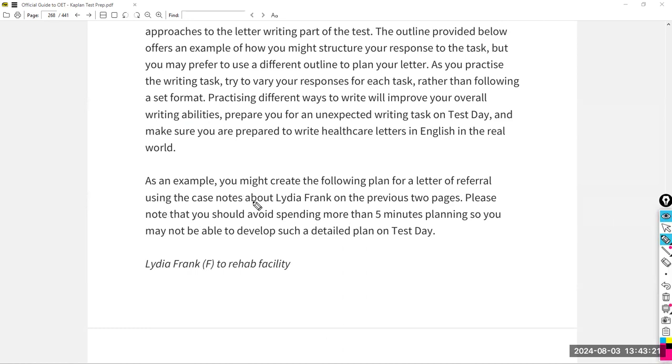As an example, you might create the following plan for a letter of referral using the case notes about Lydia Frank, the case notes that we have already checked in on the previous 2 pages. Please note that you should avoid spending more than 5 minutes planning, so you may not be able to develop such a detailed plan on the test day.